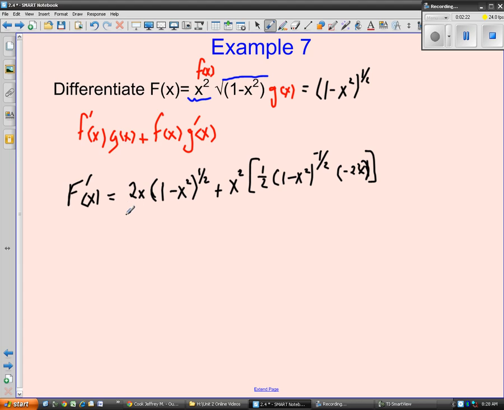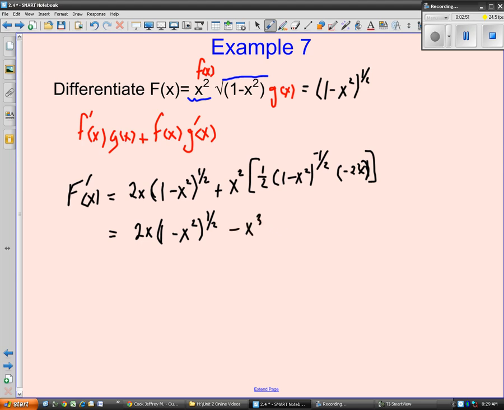Continuing with my simplification, I'm going to have 2x times 1 minus x squared to the 1/2 power, plus 1/2 times my negative 2x, which combine to give a negative x, and then I multiply it by x squared, so this becomes minus x cubed.